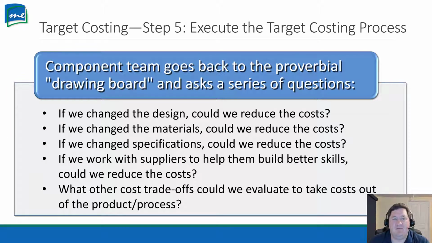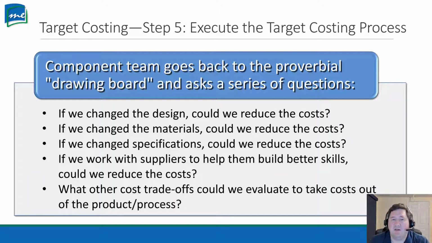So have people go back to the drawing board. If we change the design, could we reduce the costs? If we made it smaller, does it make it cheaper to ship? If we change the materials, could we reduce the costs? If we change the specifications, can we reduce the costs? See the theme here, reducing costs?